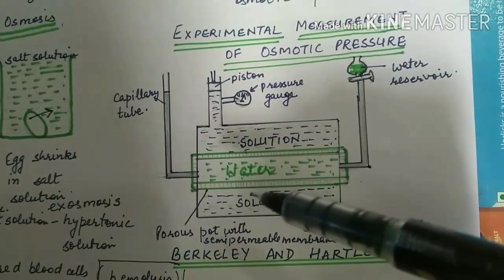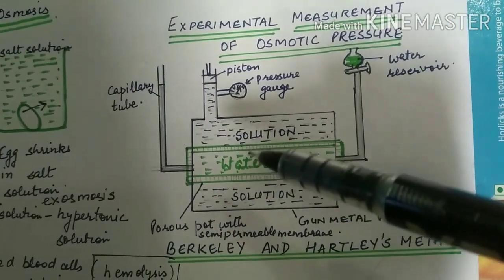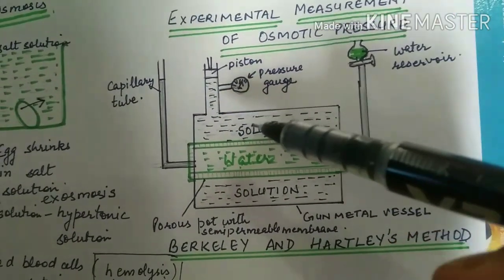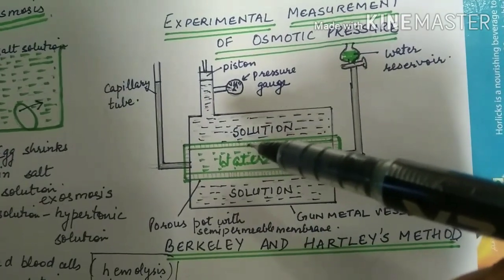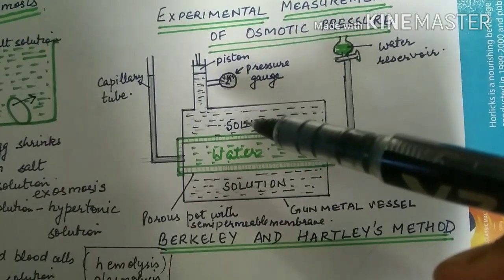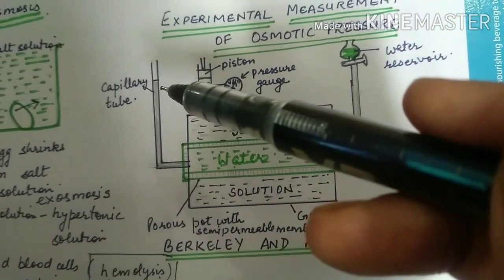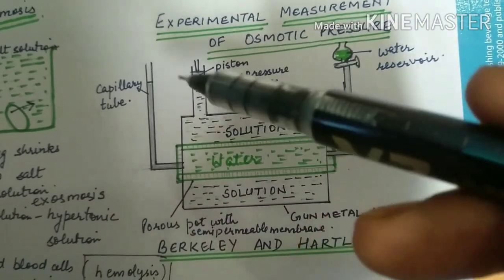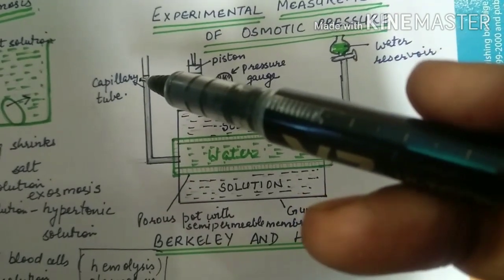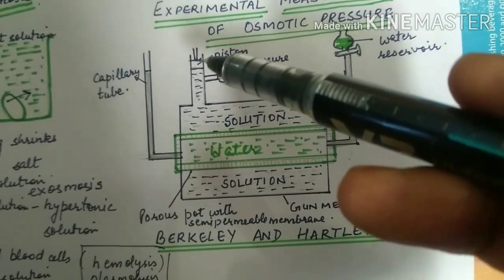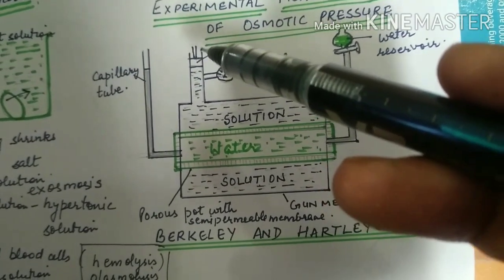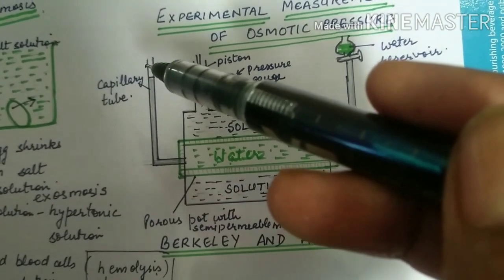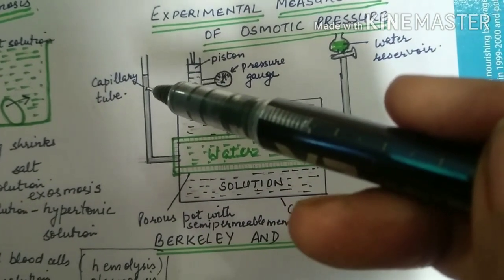Now, because of osmosis, water may tend to move from this porous pot into this solution through the semi-permeable membrane. This is because of osmosis. And when this happens, the level in the capillary tube may drop. In order to measure the osmotic pressure, what we will do is that we will apply extra pressure on this piston so that the level of water in this capillary tube does not fall.